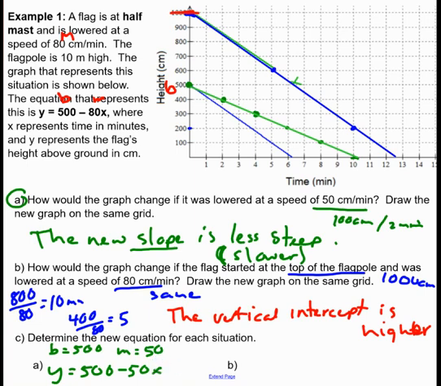Okay, whereas the blue line we had the B changed. The B changed to 1,000, and the M stayed the same as the original at 80. So y equals 1,000 minus 80x.